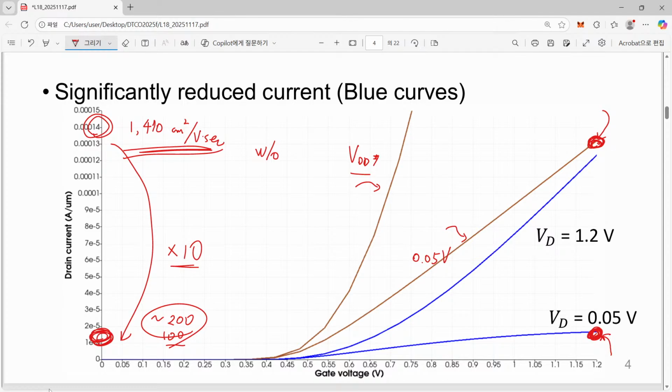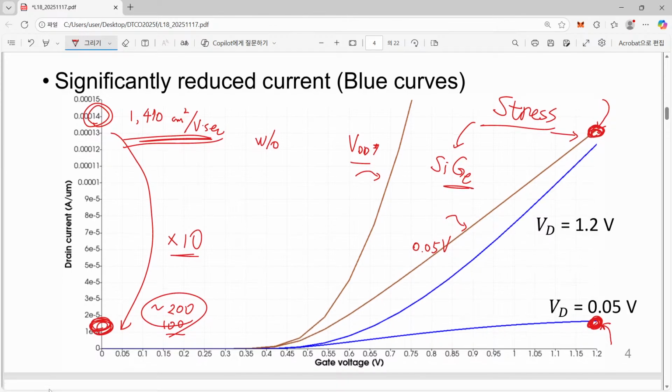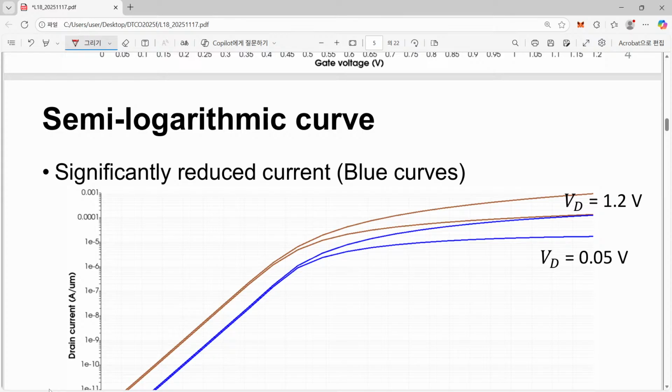And nowadays, the way to maintain this high mobility is closely related to stress engineering, or it is also related to the portion of germanium in our silicon germanium alloy. So yes, stress is so important. Anyway, now you can understand we need to include a reasonable model.